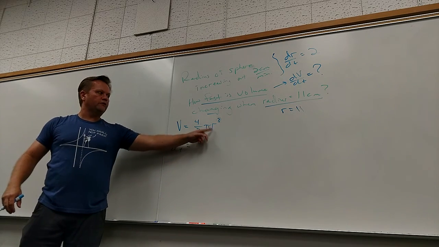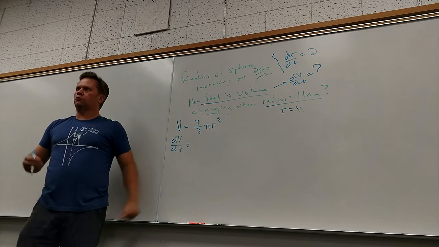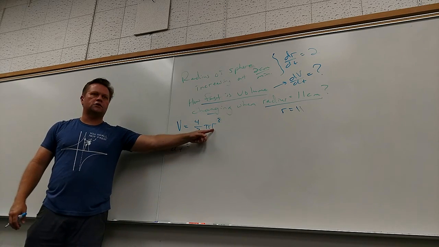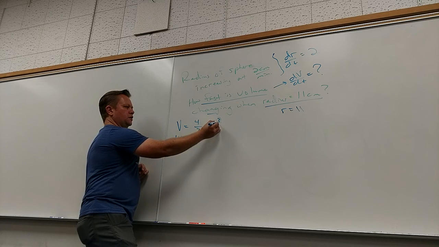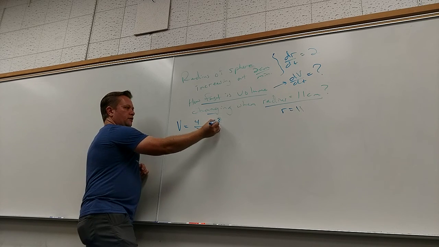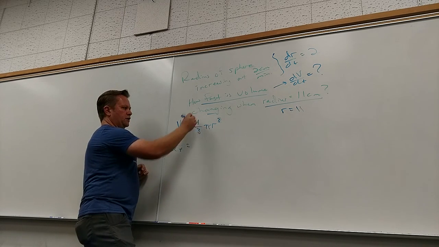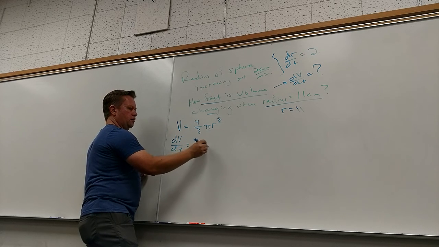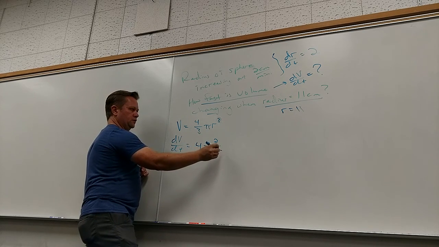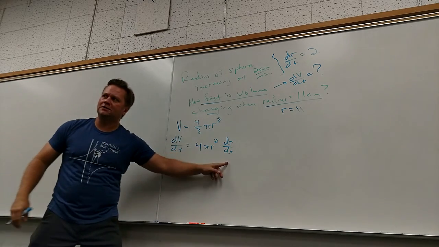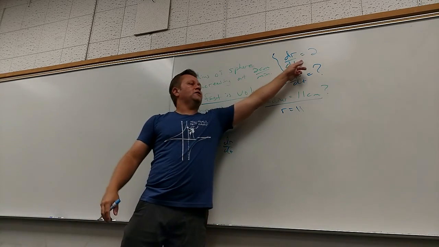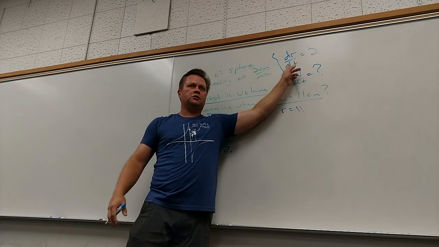So when I take the derivative, it is going to be a chain rule, because r is a function of t. So how do I take this guy's derivative? Yeah, the 3 is going to come down, making this 4 pi r squared times dr/dt. The beautiful thing is if you forget to do that, this will give you a little hint that, hey, that probably should show up.